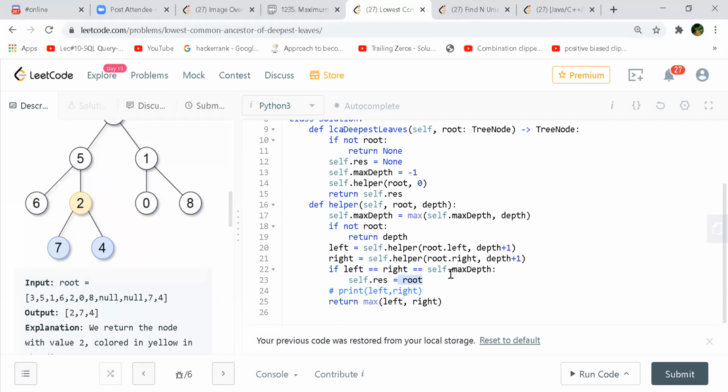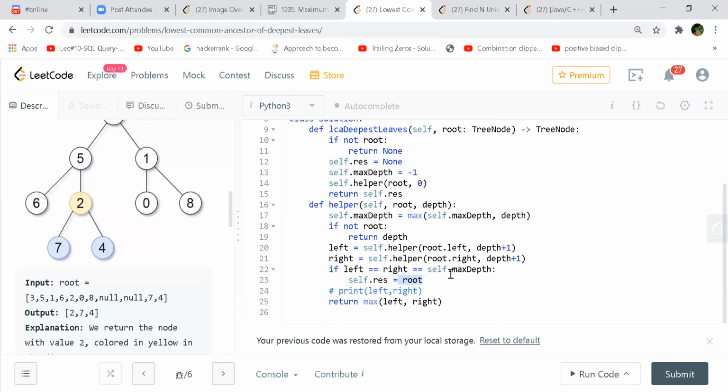Now, the way Nick was saying, if we didn't have 4, correct? In that case, when you are at 2, your left will be a different value. Maybe left is 4 and right is 3.